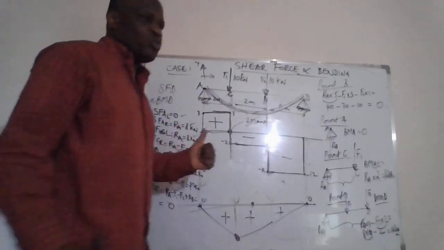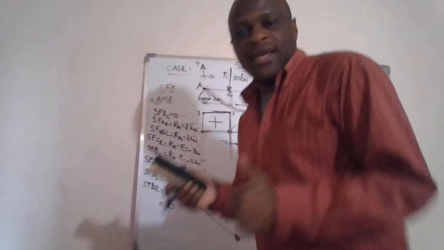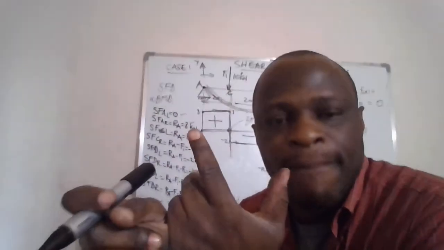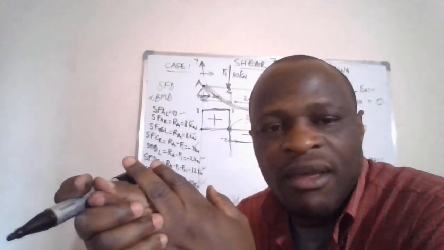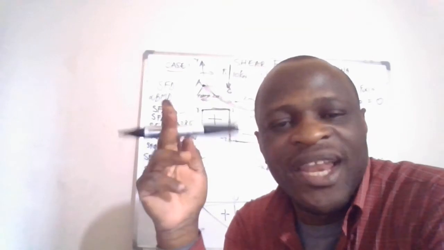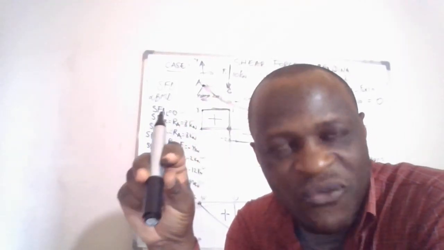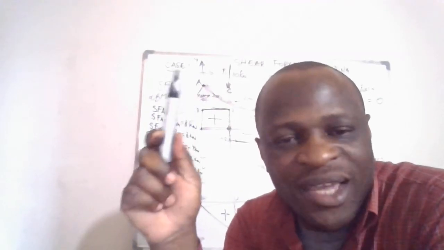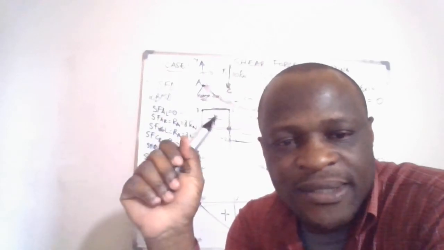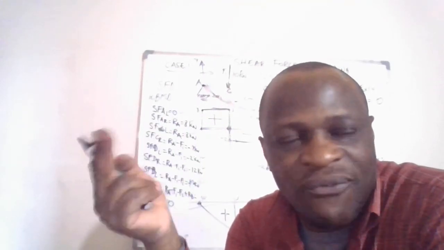But to recap, what we need to remember very well is the definition of the shear force and the bending moment. Why are we doing it? It's because whenever a beam is loaded, we need to be aware of the fact that failure can take place in two ways. We call it the twin effect.